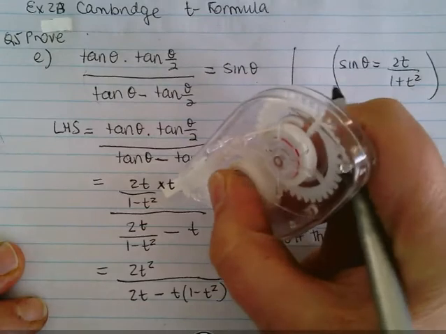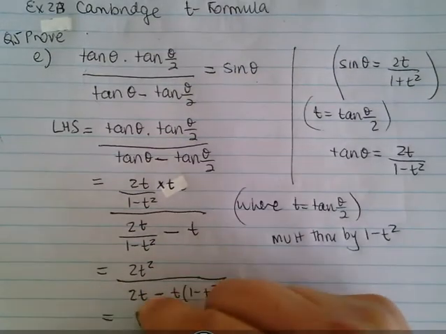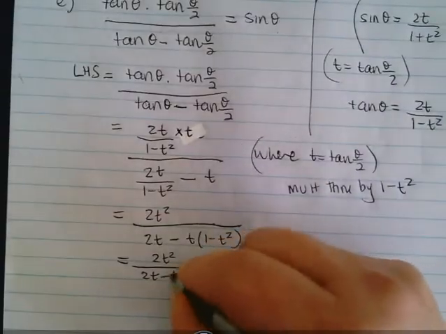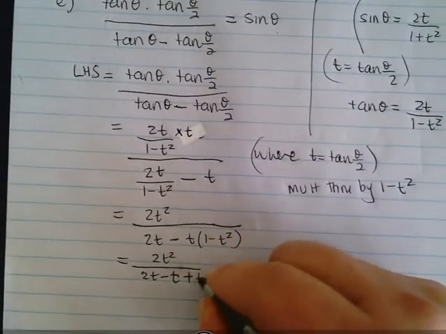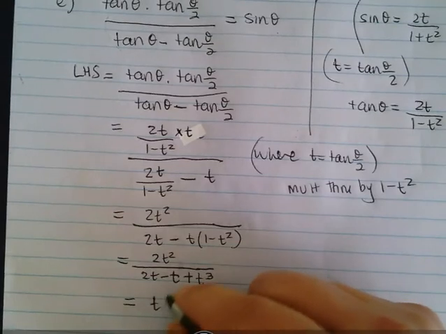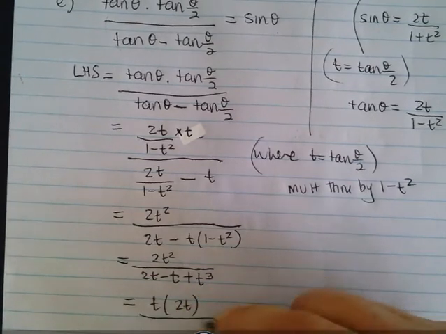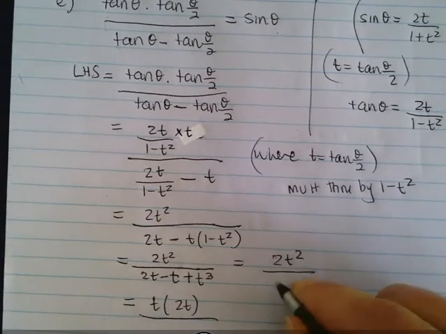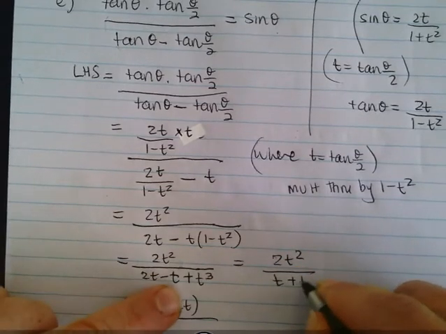Okay, so what do we do? Just expand. 2t squared over 2t minus t plus t cubed. What do you think we should do? Take out the t. Isn't that 2t squared over t plus t cubed?